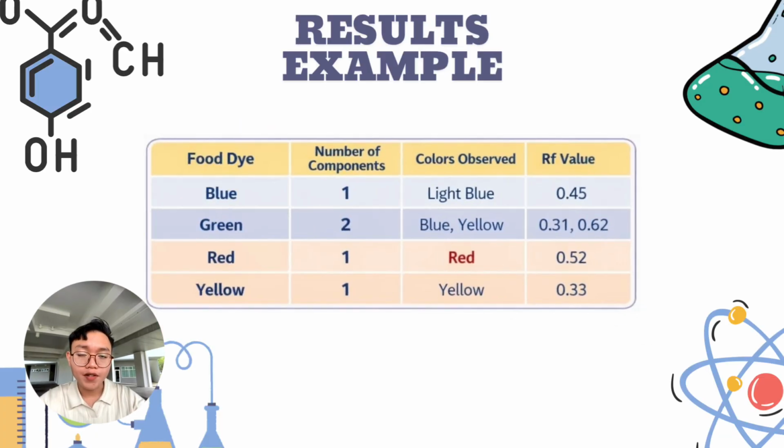In order to understand how to use the retention factor formula properly, we need to do some examples. As you can see, the table clearly displays the food dyes, the number of components, and the colors observed. It is also showing the Rf value. So how do we calculate the Rf value?